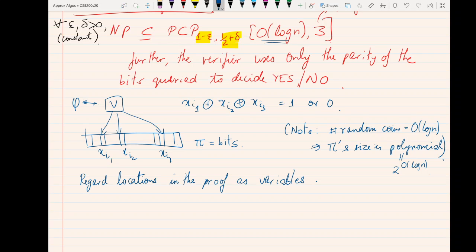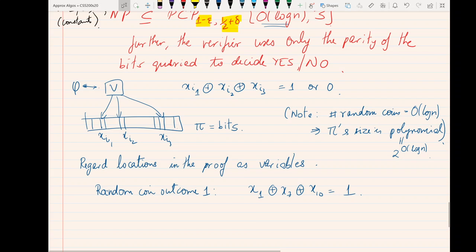Well, on random coin outcome 1, maybe it checks whether x1 or x7 or x10 is equal to 1, say. For random coin outcome 2, it checks whether x15 or x27 or x100 is equal to 0.